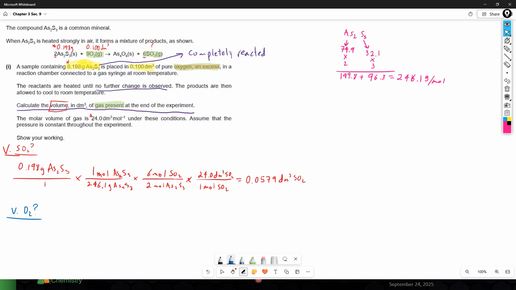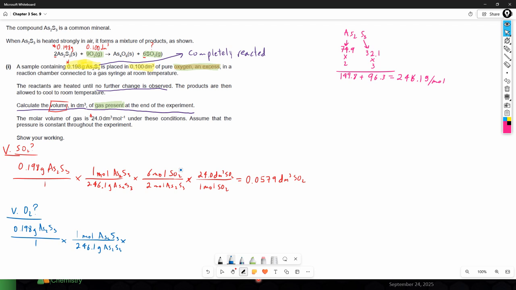We're going to have here 0.198 grams of the As2S3 over 1. And again, we want to work with moles, so we're going to use molar mass and turn it into moles. So 246.1 grams of As2S3 is 1 mole of As2S3.